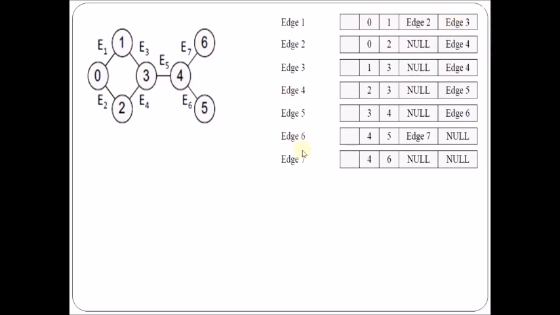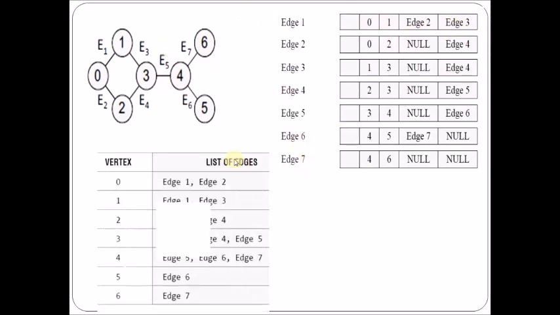So this is how we are going to represent the edges using the 5 different values. Now in order to summarize the overall structure, I have mentioned a table here. From vertex 0, if we consider the edges in which 0 is reflected, there are only two edges, that is edge 1 and edge 2. Apart from those edges, there is no edge where 0 is reflected. So I have written here edge 1 and edge 2.